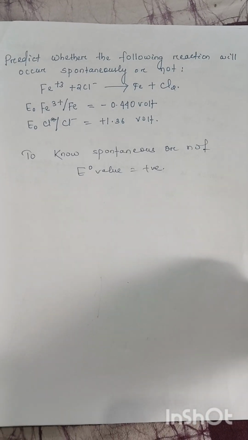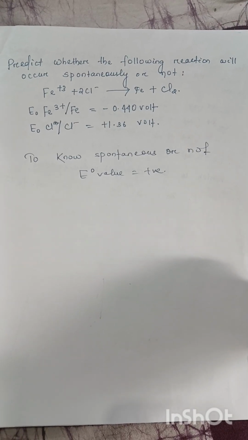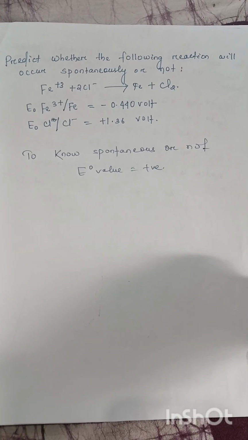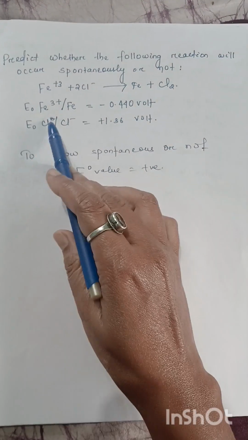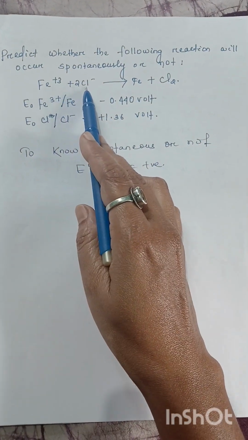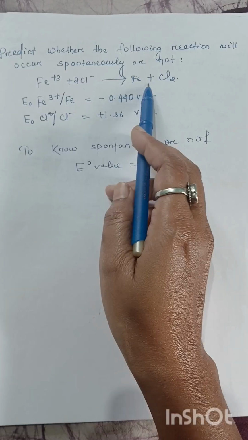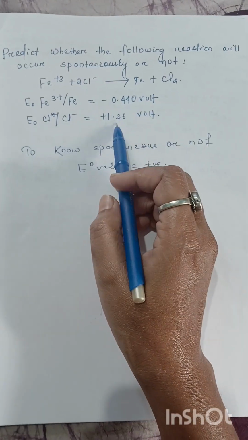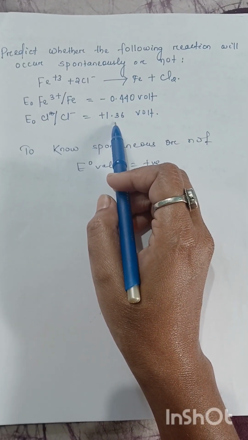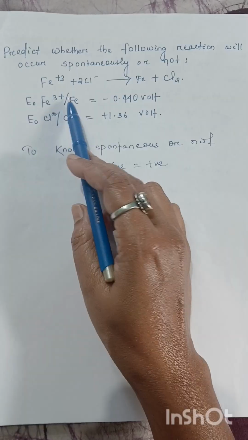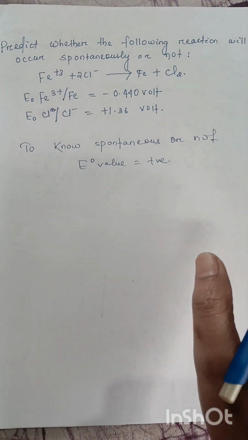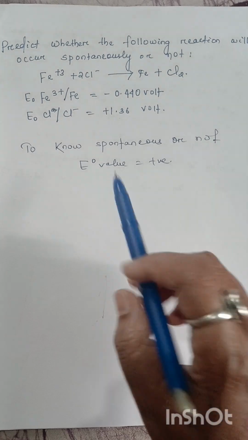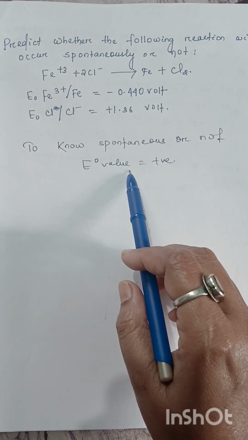Students, now I am going to discuss a question related to the electrochemical series. See the question. Predict whether the following reaction will occur spontaneously or not. The reaction is Fe3+ + 2Cl- gives Fe + Cl2, and the reduction potential values of Fe3+ and Cl are given here. You know that to tell whether a reaction is spontaneous or not, we have to calculate its E naught value. That should be positive.